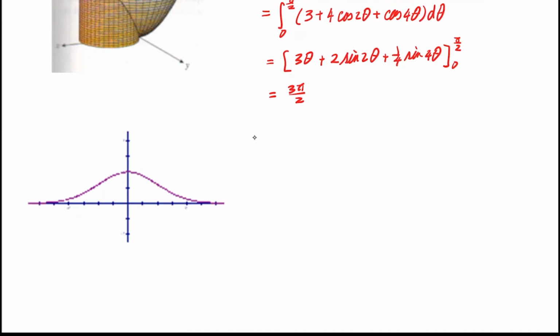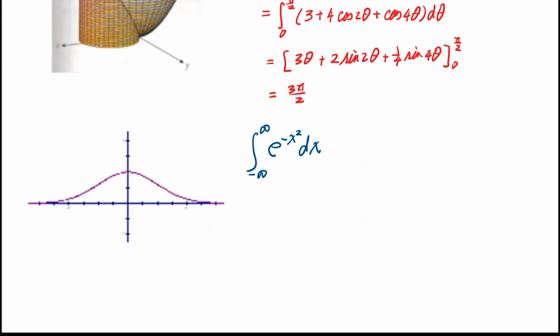Okay, so this integral is given by negative infinity to infinity of e to the negative x squared dx. Now that x is ugly. And this integrand, I told you last year, there's no known antiderivative of that function.